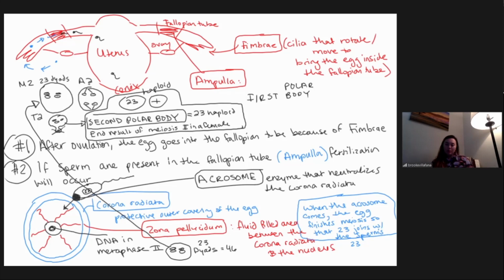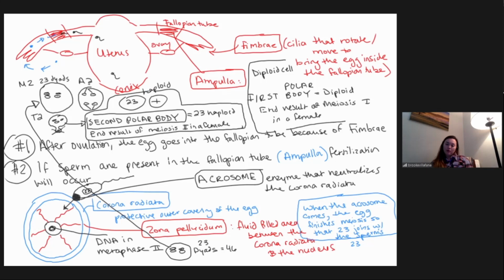So the first polar body was a diploid. So the end result of meiosis 1 in a female is a diploid cell plus a diploid polar body. The end result of meiosis 2 is a haploid cell plus a haploid polar body.